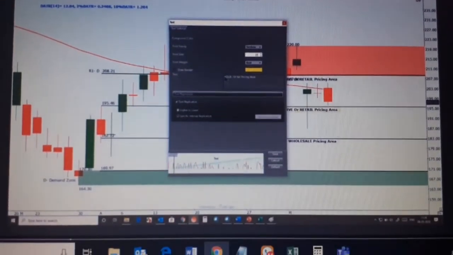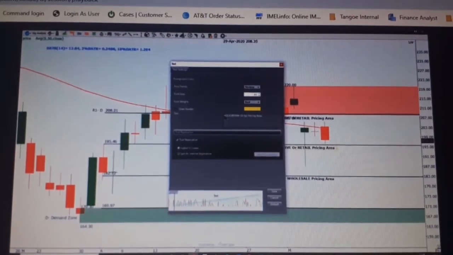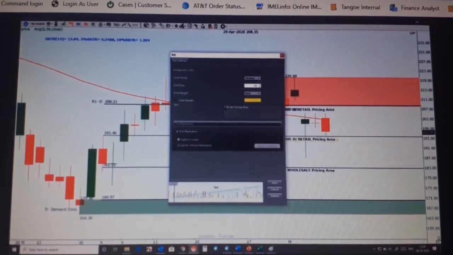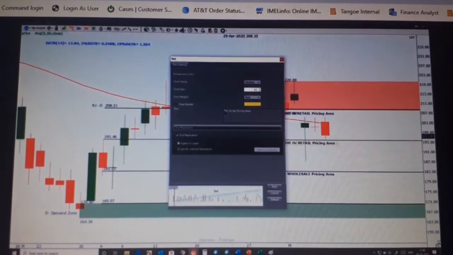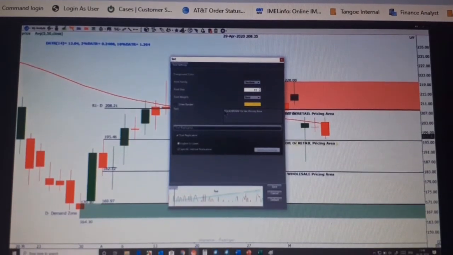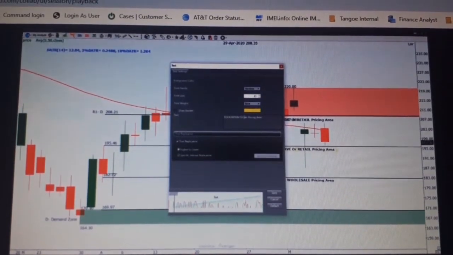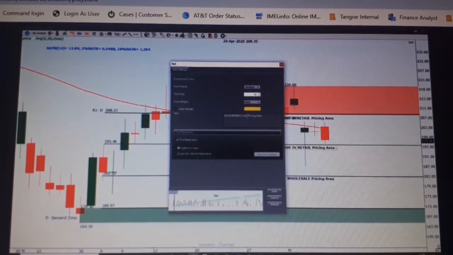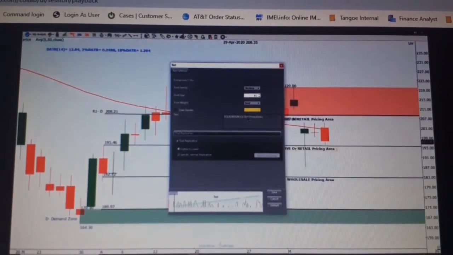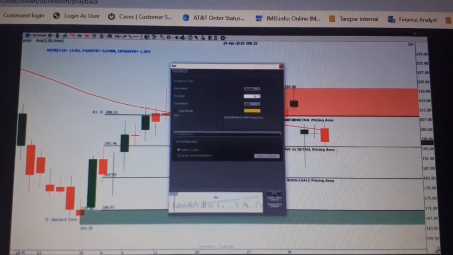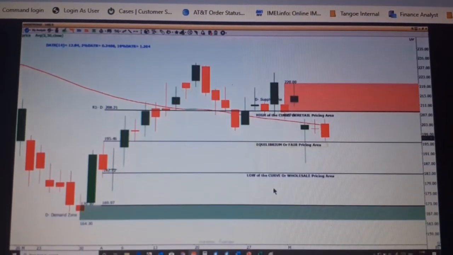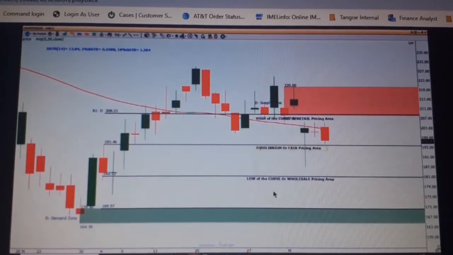Equilibrium, or you can say middle of the curve. Okay. So that's your equilibrium or fair pricing area.